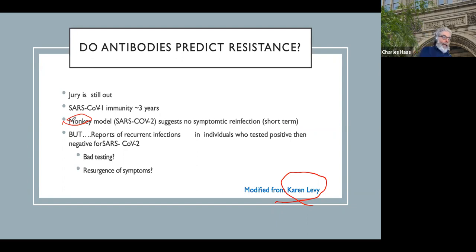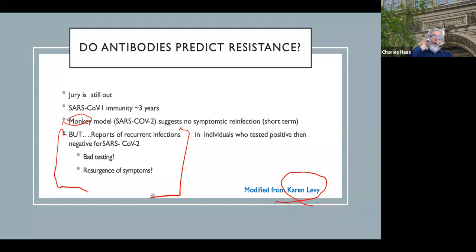On the other hand, and there are questions with this data, but there have been reports of individuals who test negative for SARS coronavirus 2 after having recovered, but then appear to become positive again by testing.